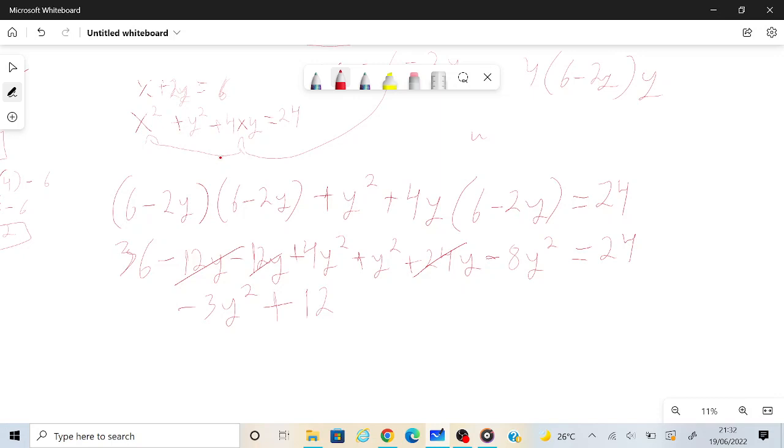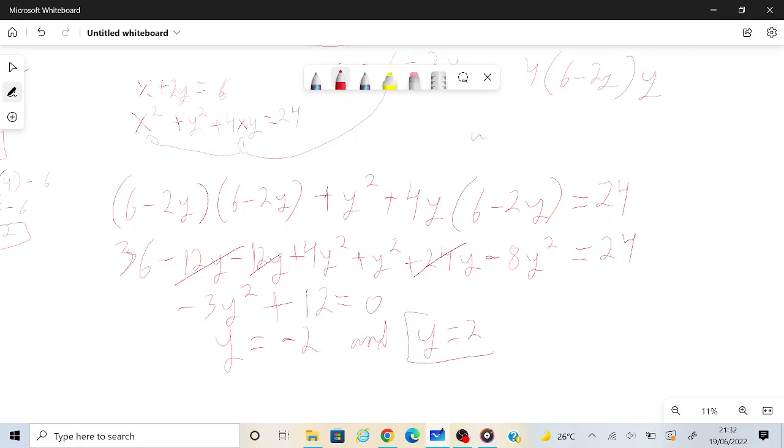Now, to solve this, you could either do it by factorizing, or equals to 0, or you could just simply put it in your calculator. If you have a graphical calculator, you can go to mode, then 5, and then 3, and then put in the corresponding values. After doing that, my two values for y are y is minus 2 and y is 2.